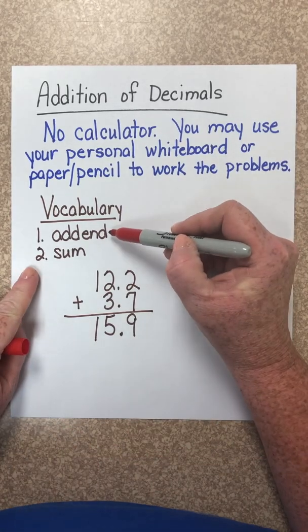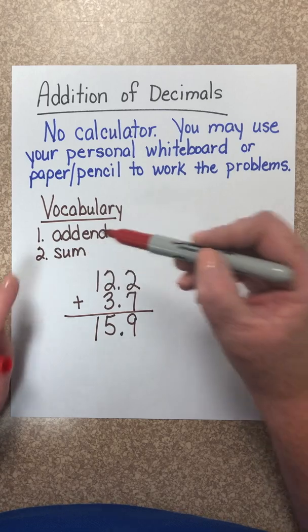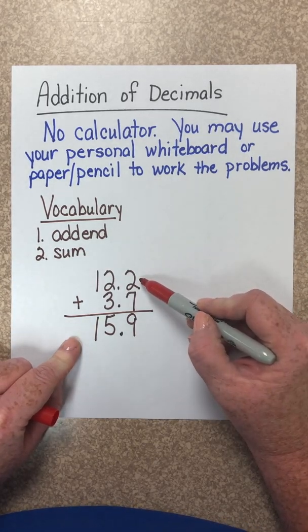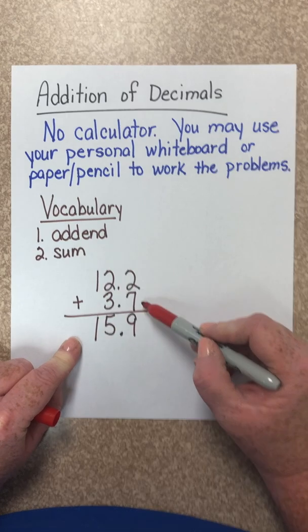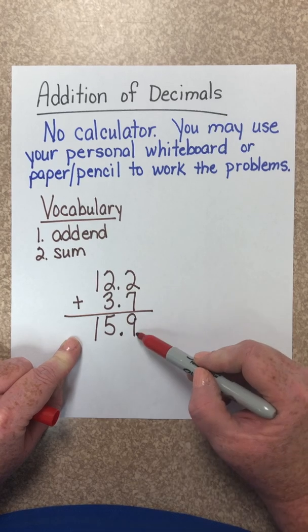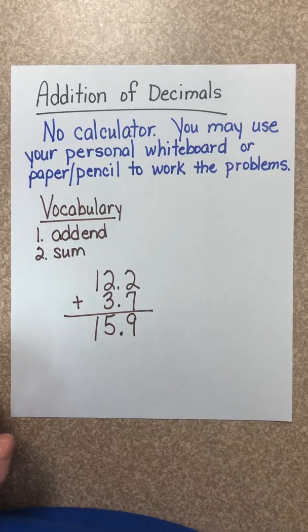The first word is addend, second is sum. So now let's look at this example. 12.2, or 12 and 2/10, plus 3.7, or 3 and 7/10, equals 15.9, or 15 and 9/10.